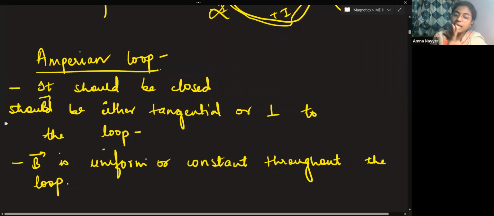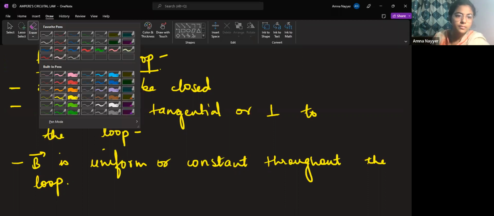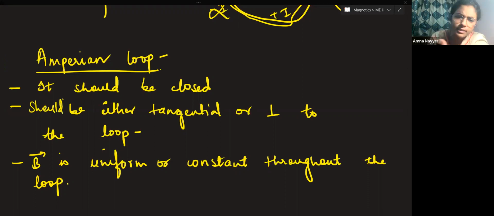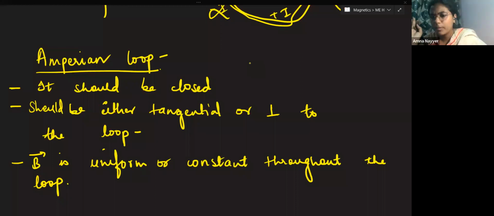Fine. Second point, it should be either tangential or perpendicular to the loop. So it should be either tangential or perpendicular.